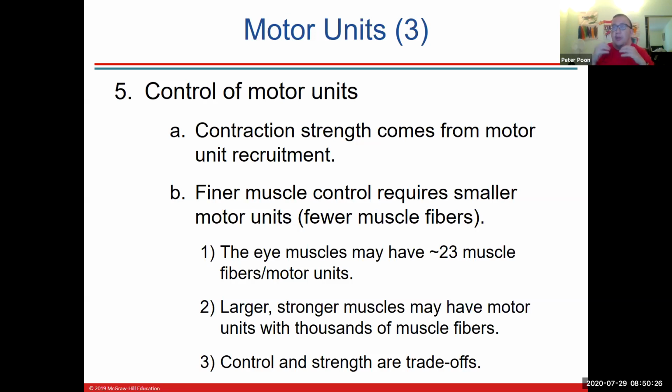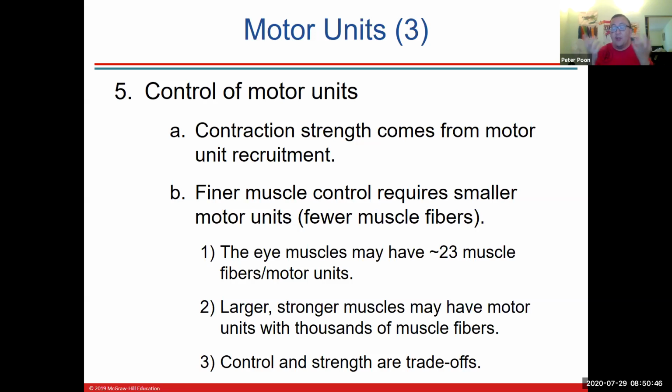Humans have a lot of small motor units, therefore we don't have a lot of strength. That's why a lot of animals are much stronger than we are. We'll pick on someone like Mauricio, for example.